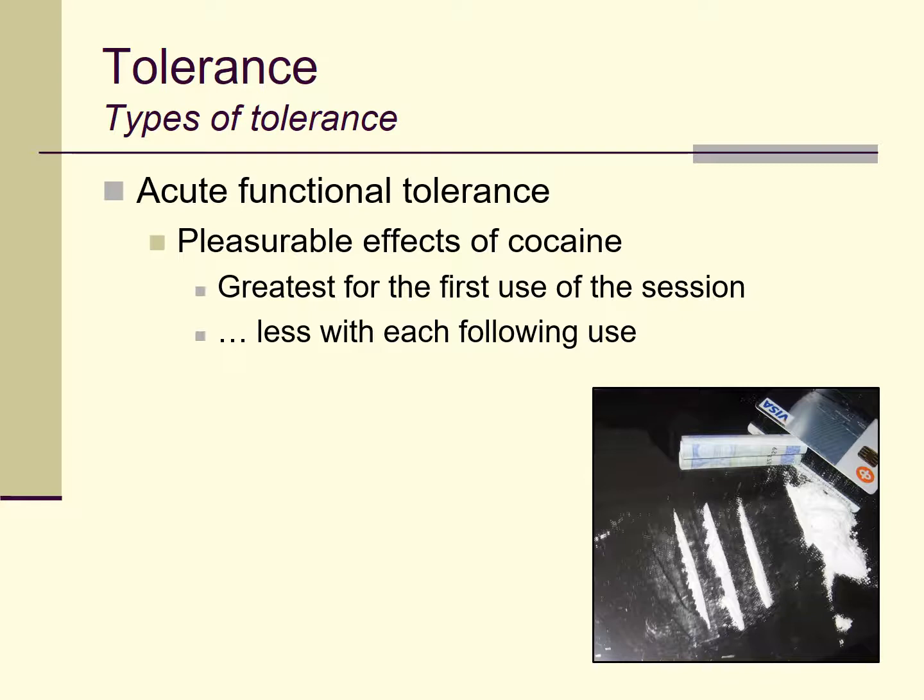So their nervous system is becoming less sensitive to the effects of cocaine, and thus they're getting less of a boost or less pleasure from each subsequent dose that they're using within one session of cocaine use.